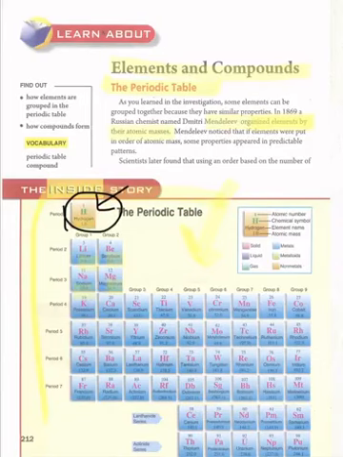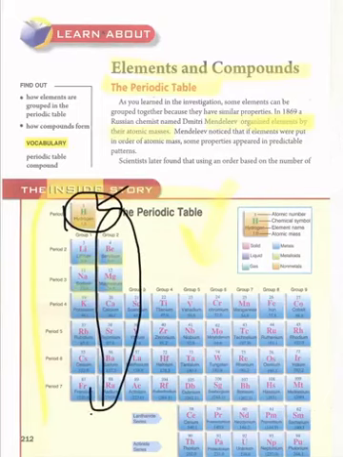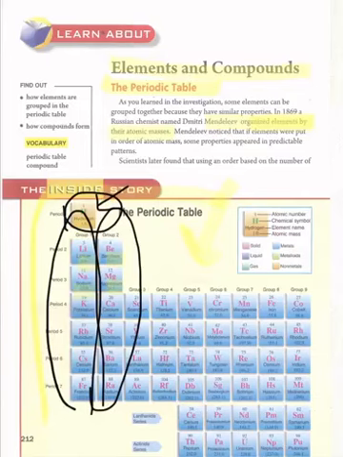After that, they arranged those metals, or those elements that have the same properties, in one column. This one is one column and that one is one column. It means those elements that are in one column have the same properties.